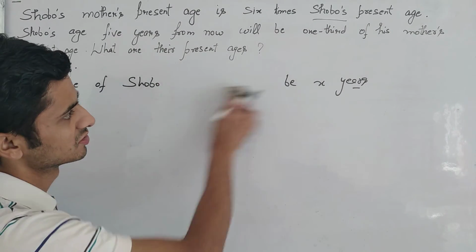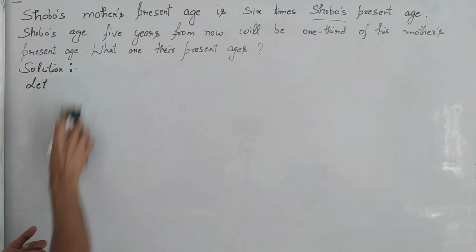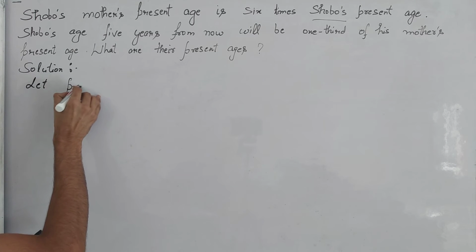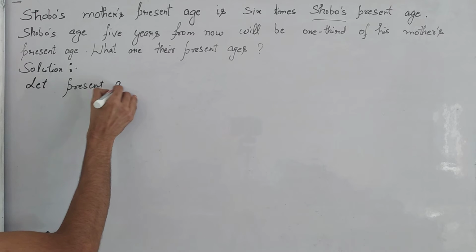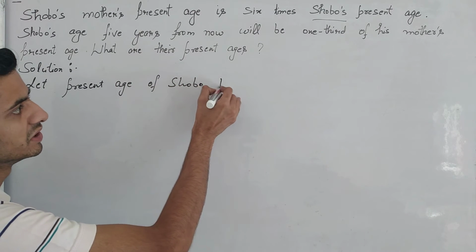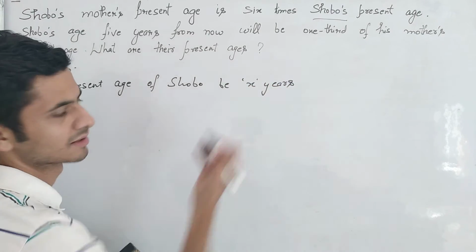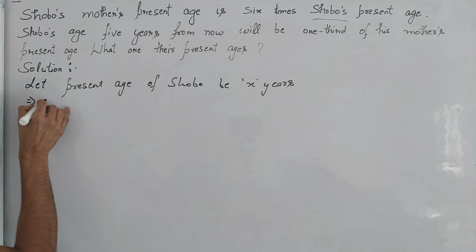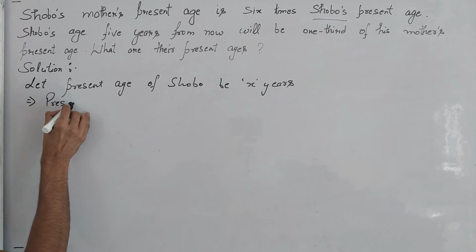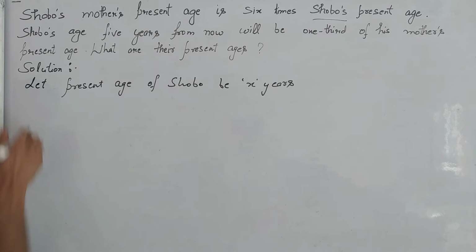So let us suppose, let the present age of Shogo be x years. Let us be a little more clear.